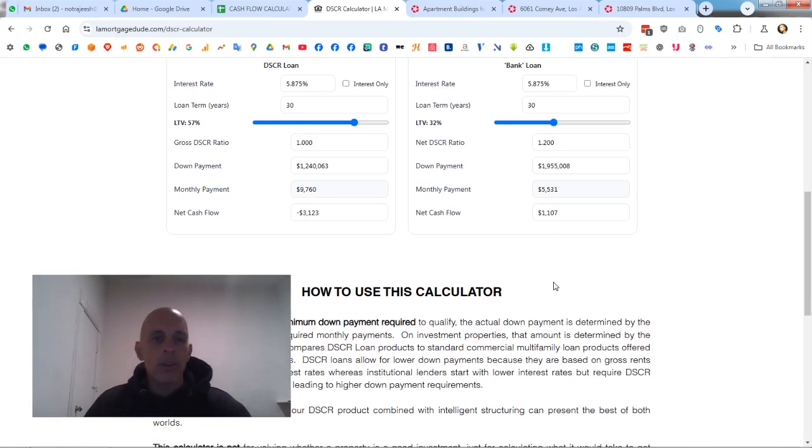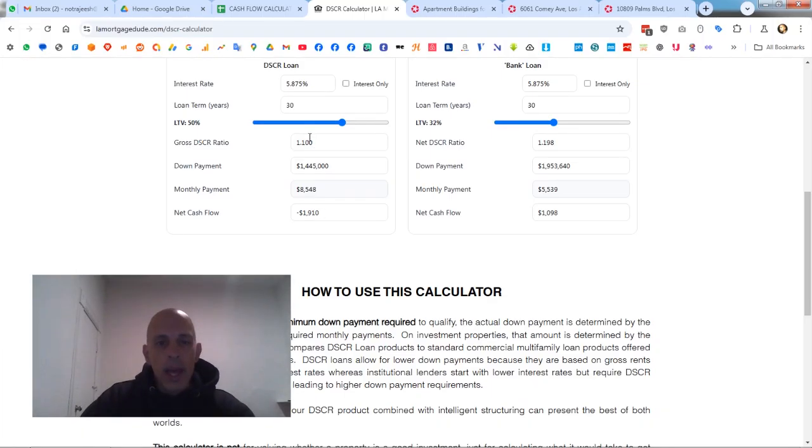Just give me $100,000 towards closing as seller credits, and now you take that $100,000 and buy yourself a lower interest rate by prepaying that interest up front.